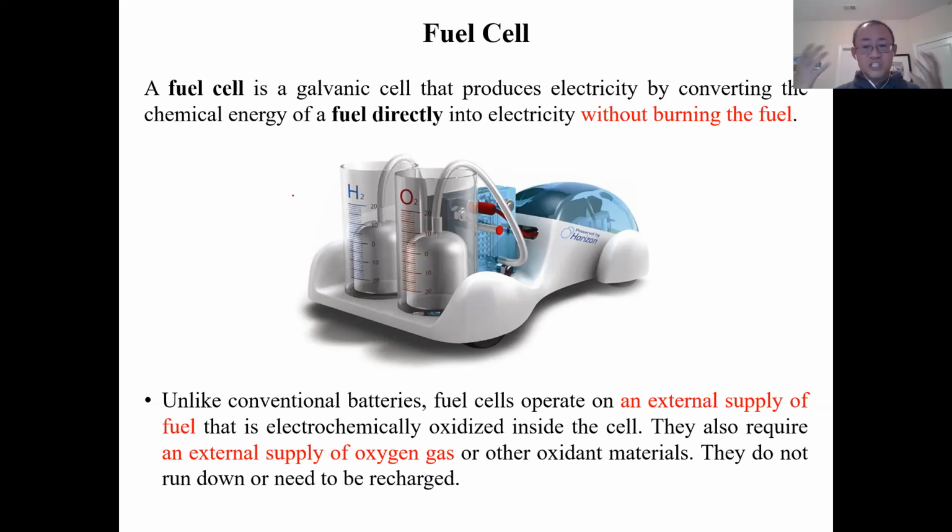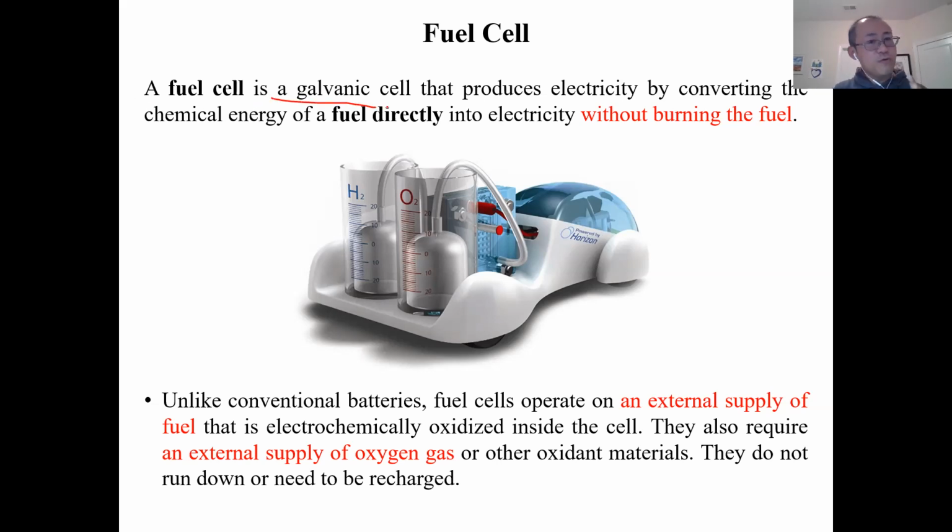But now we're going to study a similar but different type of galvanic cell in which the reactants are not pre-installed into the battery, but are actually kept fueled into the battery. We call that cell a fuel cell. So what is a fuel cell?